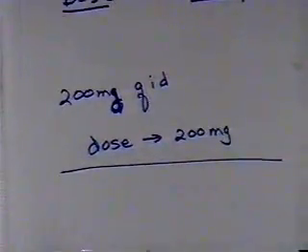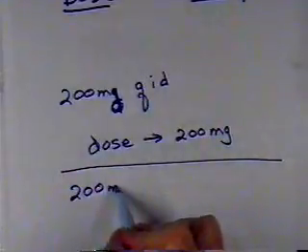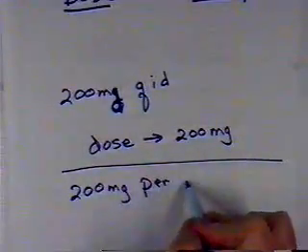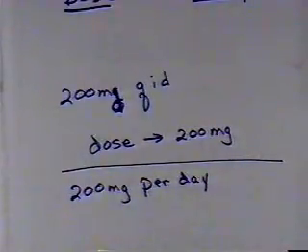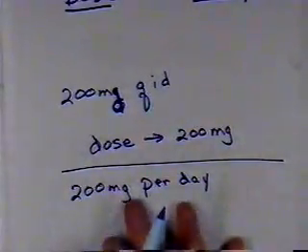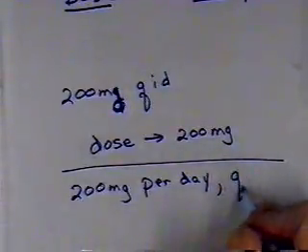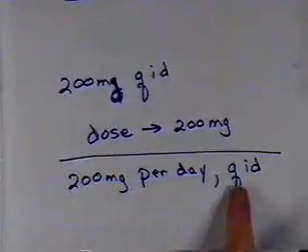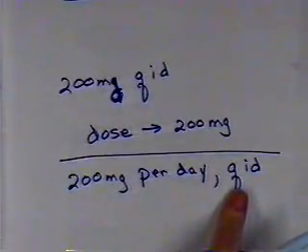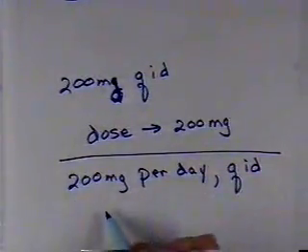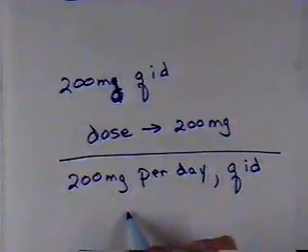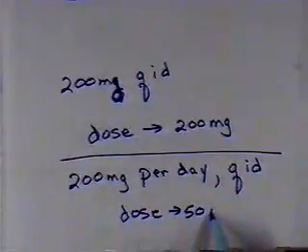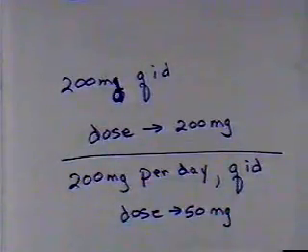The only time it's daily is if it says give 200 milligrams daily or per day. Now if they say give 200 milligrams per day and they say QID, QID means how many times a day? 4. So you would give 200 divided by 4, your dose would be 50 milligrams.